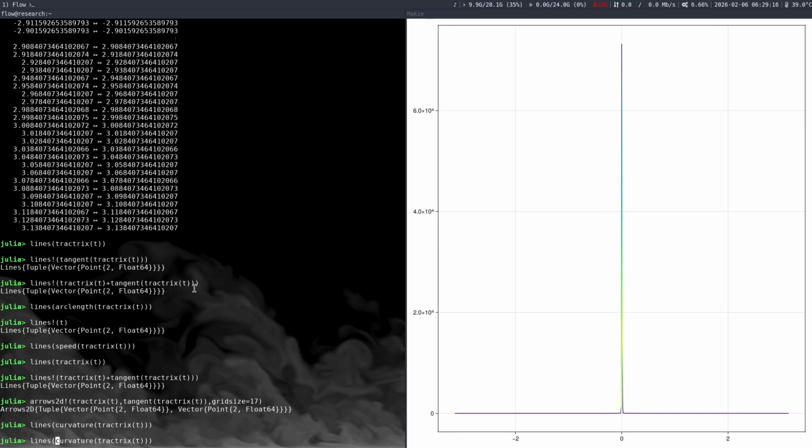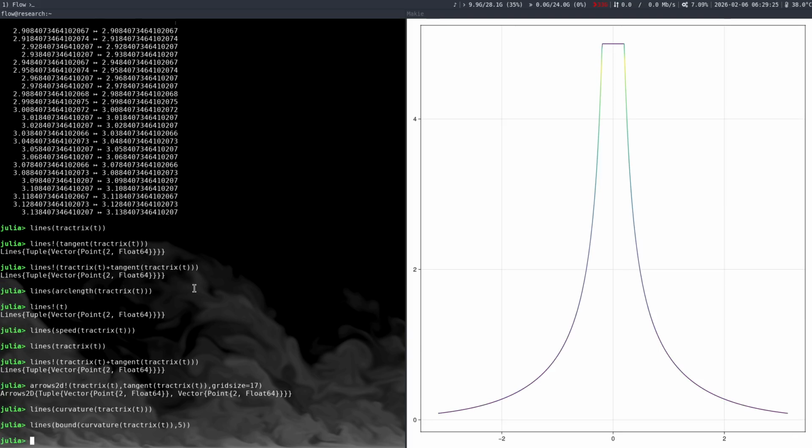So if we want to get a better look at it, we can just bound it to 5, let's say. And then we can have this cutoff here at 5. And then we can better see how the curvature approaches this cutoff.